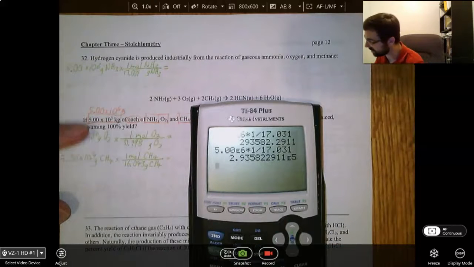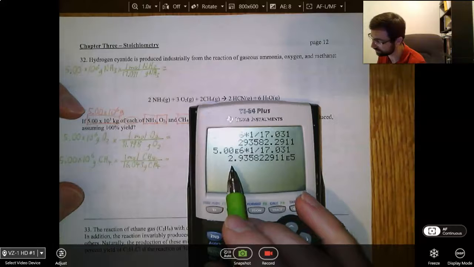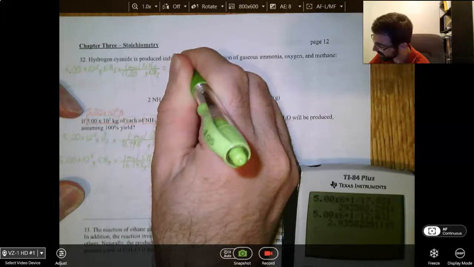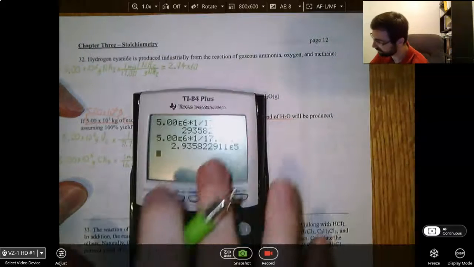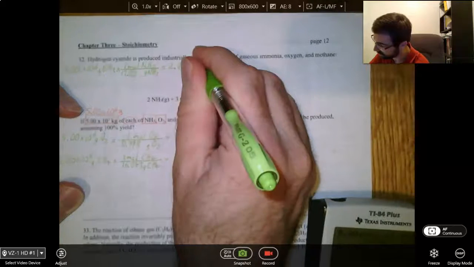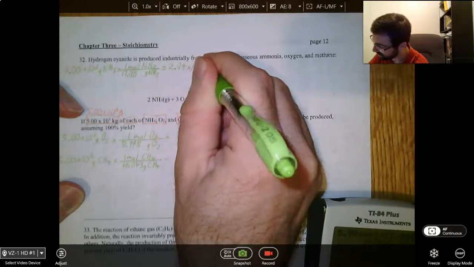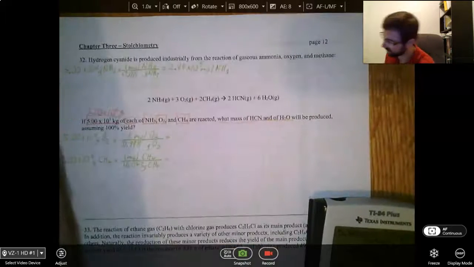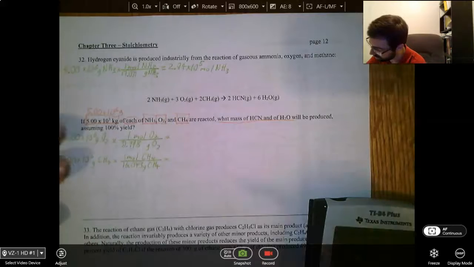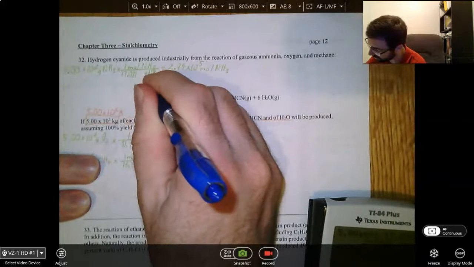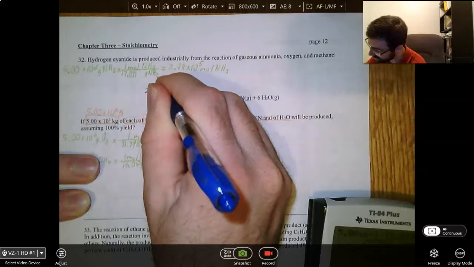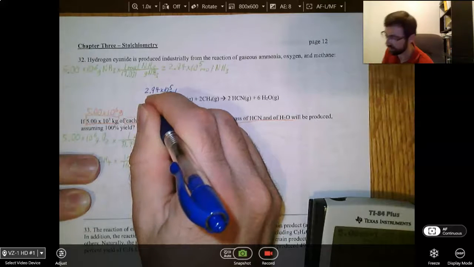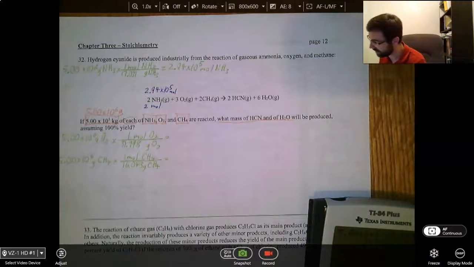I need 3 sig figs, so I'm going to say 2.94 times 10 to the 5th moles of NH3. I'm going to write that right here: 2.94 times 10 to the 5th moles. And then I have 2 moles on the bottom. Okay. Keep going on that.